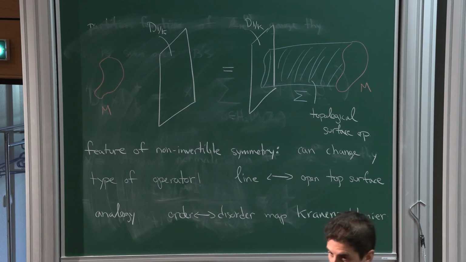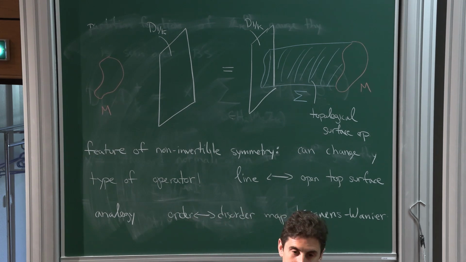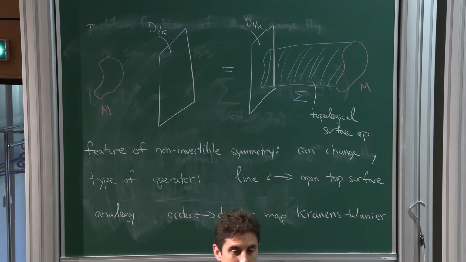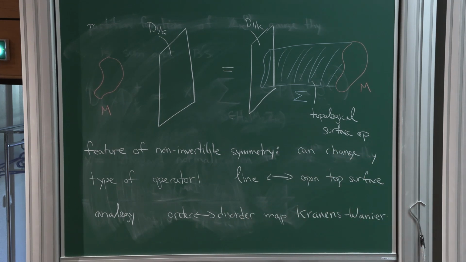So different sigmas will give you the same answer, right? Right. So in a sense, it's not like there's some physical object sitting here. Well, there's a topological object sitting there. This surface is not a trivial operator. It's just a topological operator.